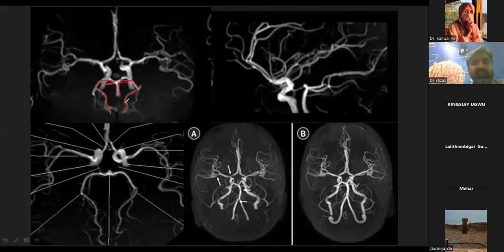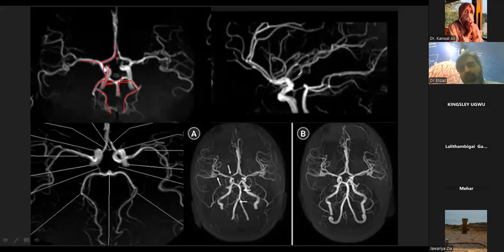Yes, right. So what about this one? This is the internal carotid artery. And this tiny hair is the posterior communicating artery. This is the same internal carotid. This is the MCA. This is the anterior cerebral artery. And this is the ACOM. So this is the total MR angiogram, nothing else.